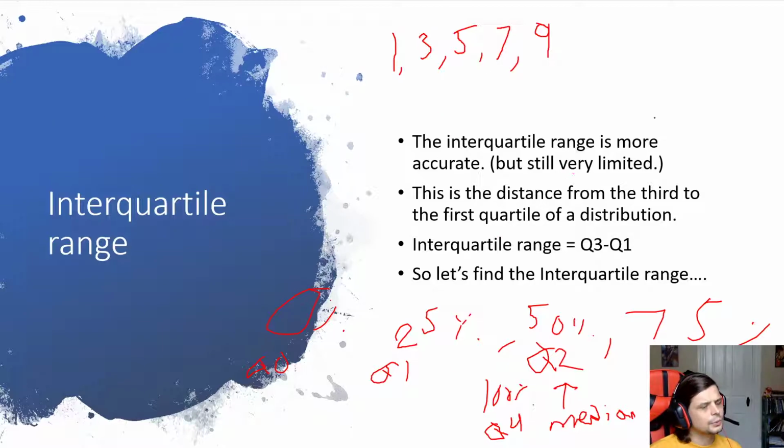So let's figure out Q1, Q2, Q3, and Q4. So as you know, the number in the middle, that is your median, so that's Q2. Now, the highest value will be Q4. Okay. Your lowest value will be Q0. Not even really.